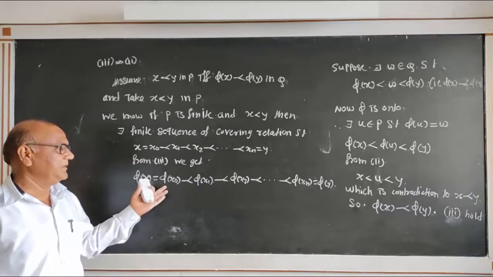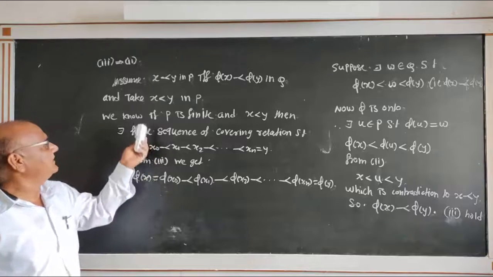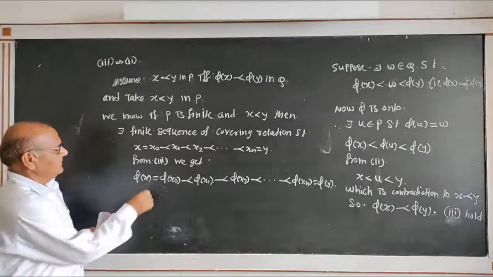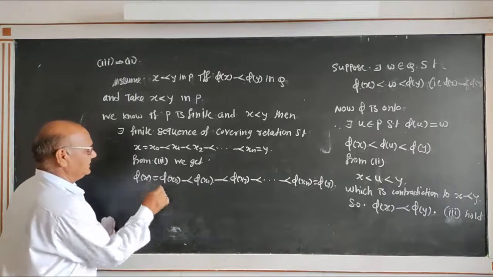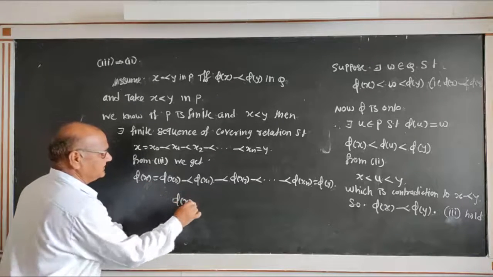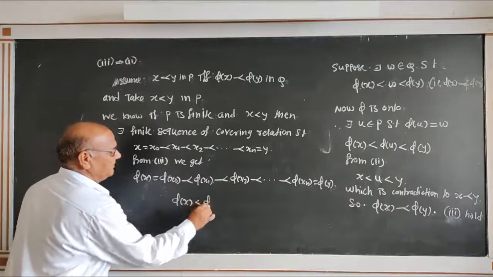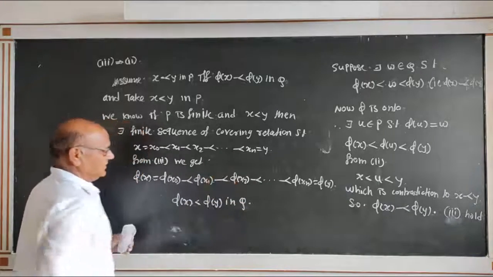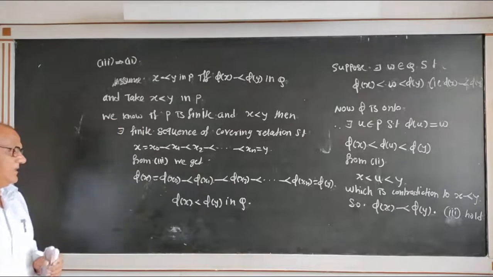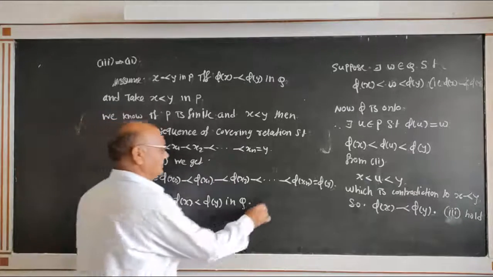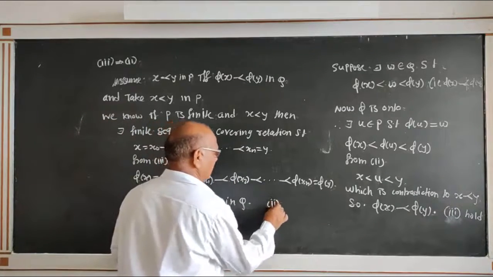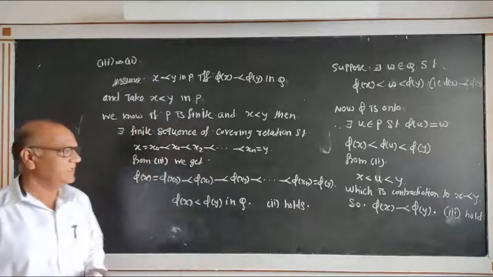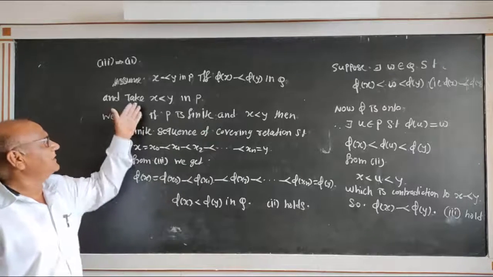And from this relation we get phi(x) < phi(y) in Q. That means second holds.